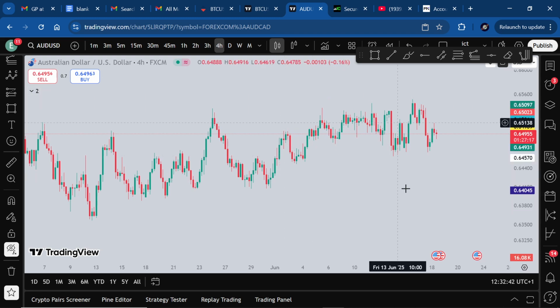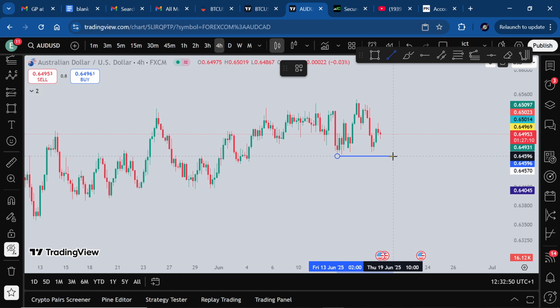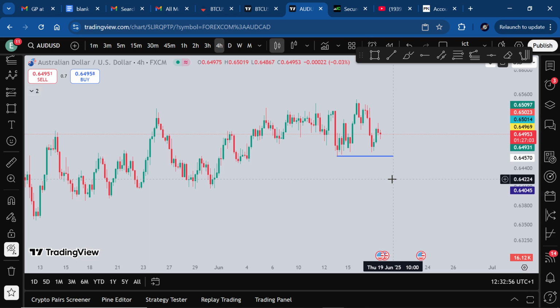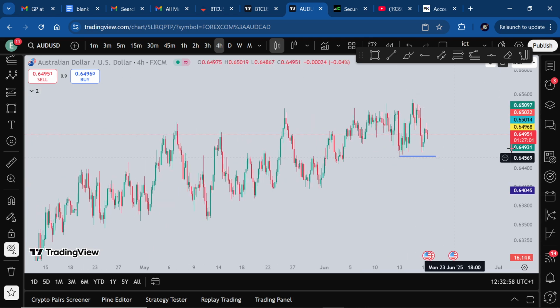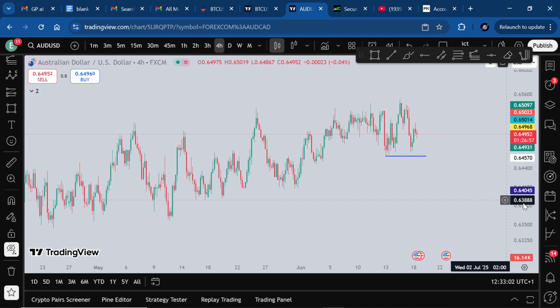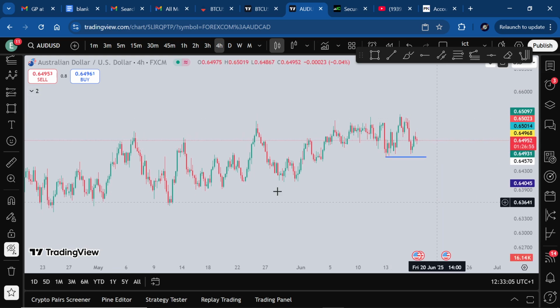This is like a perfect distribution. All it needs is a break of structure over here. You get that break of structure, especially if price spends some time down there, that'll be a beautiful distribution. It is what I'm anticipating. I am looking at that as the move. I'm expecting price to come down.